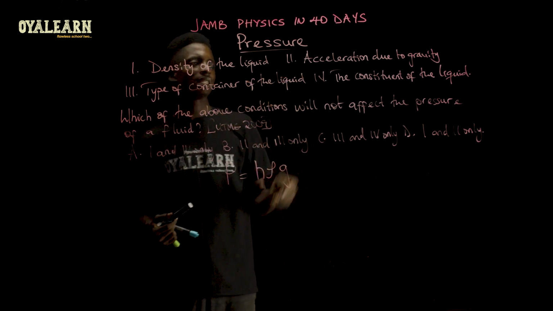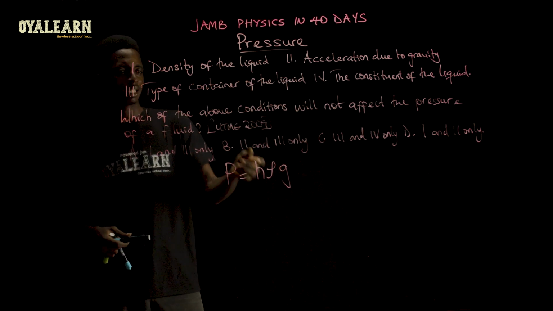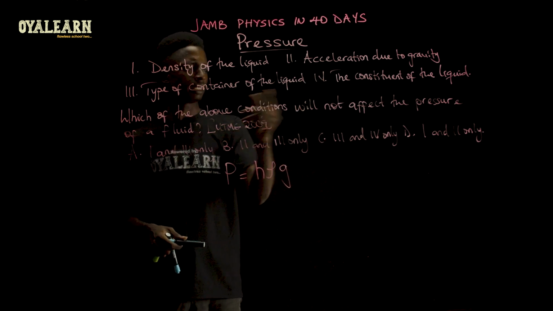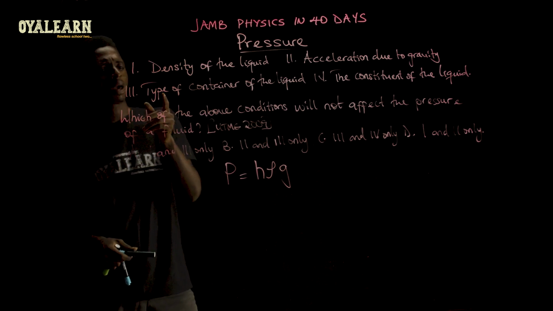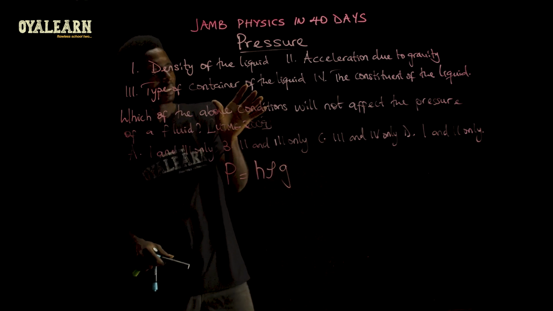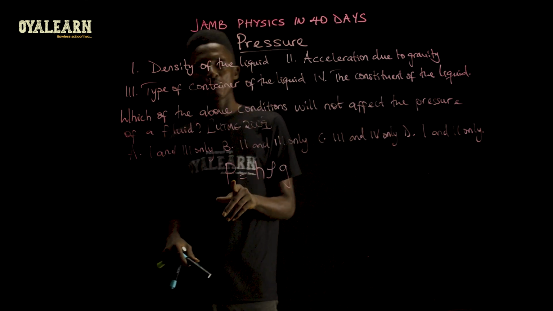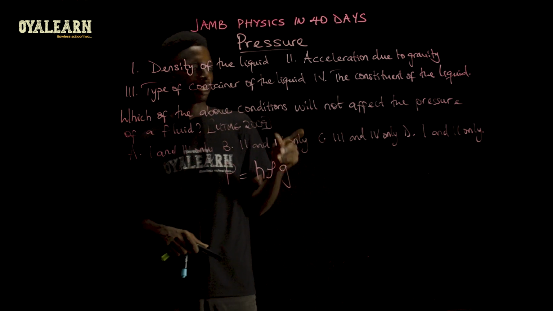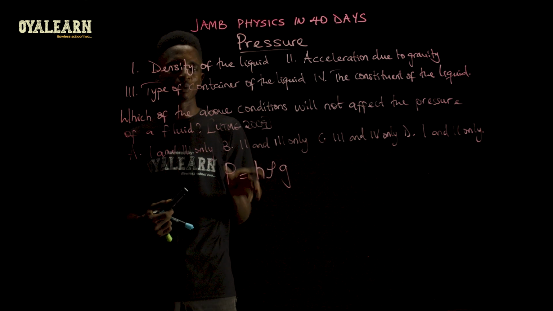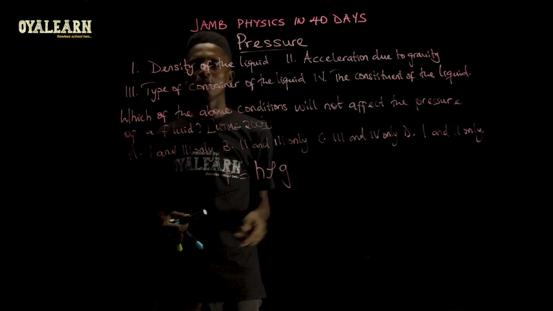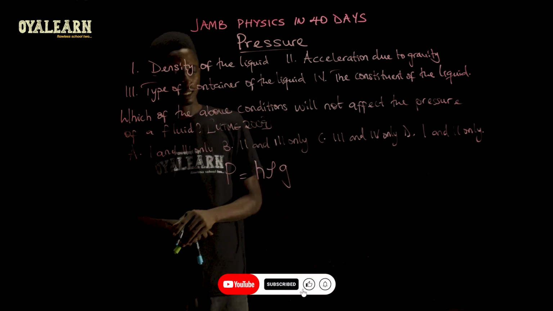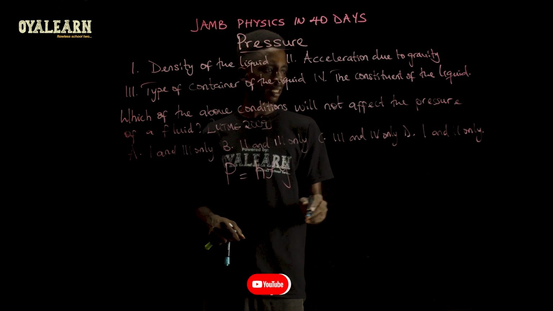Now, looking at the conditions we have here, density is mentioned, acceleration due to gravity is mentioned, depth is not mentioned at any point. So what we have here is type of container of the liquid and the constituents of the liquid. And these do not have any bearing on the pressure of a liquid or of a fluid generally. So in this case, the only ones that affect the pressure are density and acceleration due to gravity. That is 1 and 2 only. And looking at the options provided, that is option D.